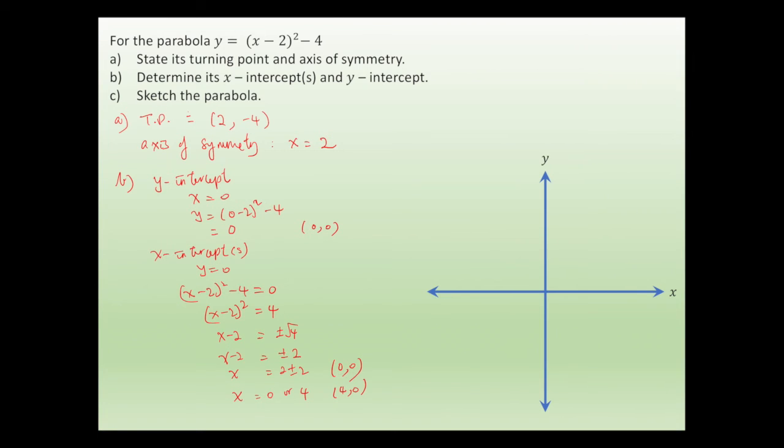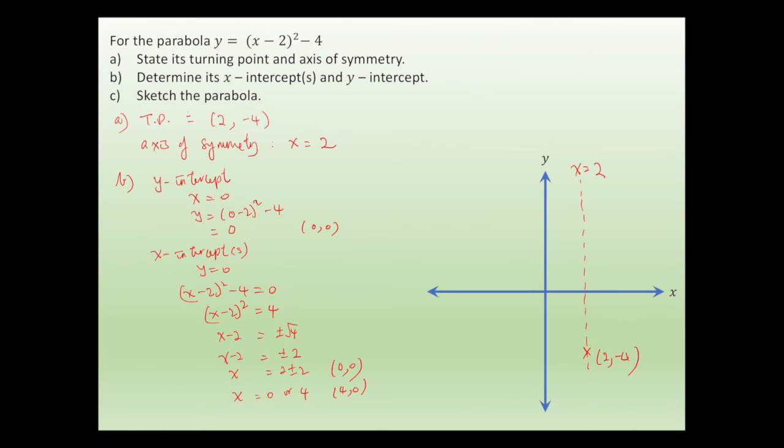Armed with this information, we should be able to sketch the graph. Now we know that the axis of symmetry is x equals 2. Let's start off with the axis of symmetry, x equals 2. The turning point is (2, -4).